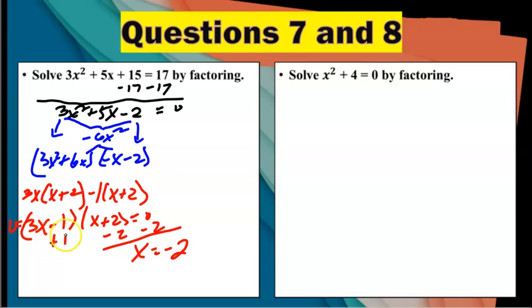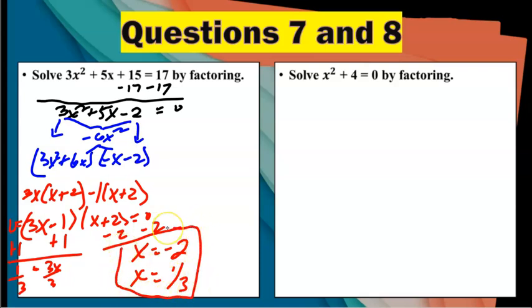And on this side I'm going to add 1 to both sides. And then divide by 3. And my answer would be x equaling 1/3. So these would be my two solutions for that quadratic.